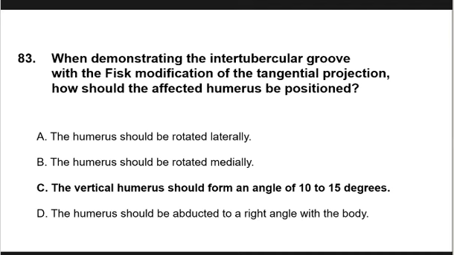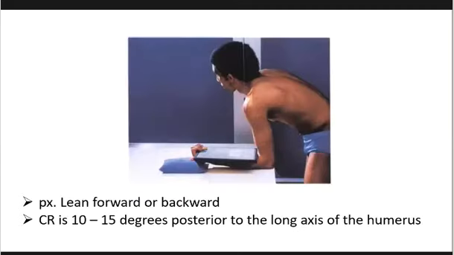In this question, to demonstrate the intertubercular groove in the Fisk modification of the tangential projection, how should the affected humerus be positioned? The affected humerus is angled by 10 to 15 degrees from the vertical position. Like this one, which is what we mentioned earlier. I said there are two kinds of Fisk method.